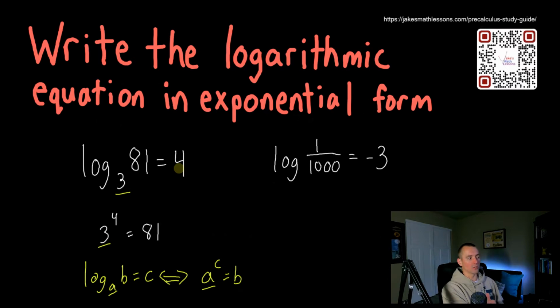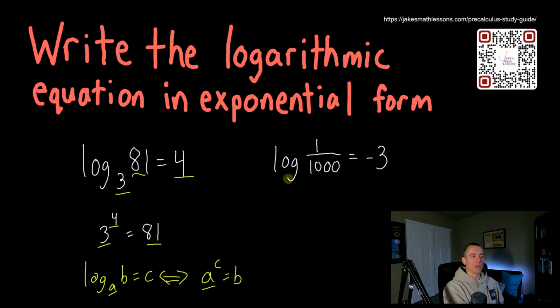We took the thing on the other side of the equal sign and made that be the power, and then set it equal to the thing we were taking the log of. You just switch the places of these other two components, and that gives you your exponential equation.